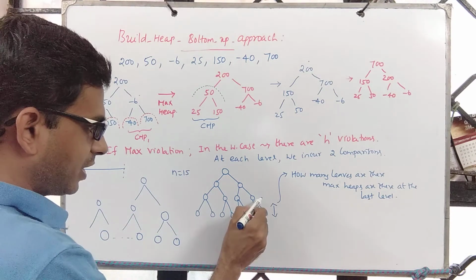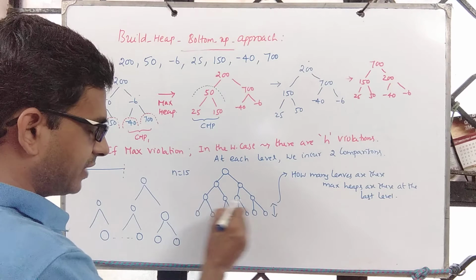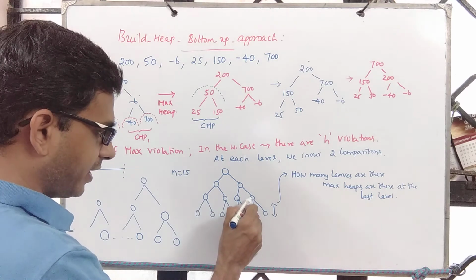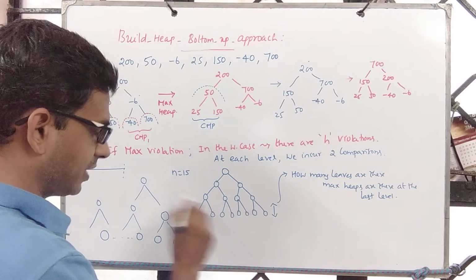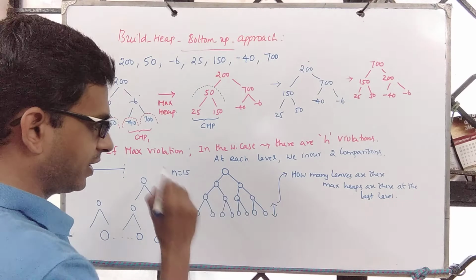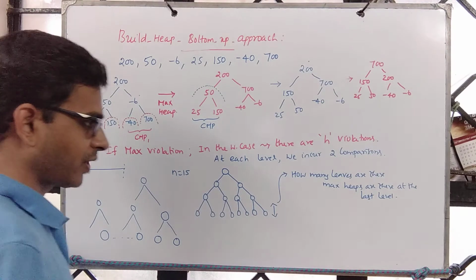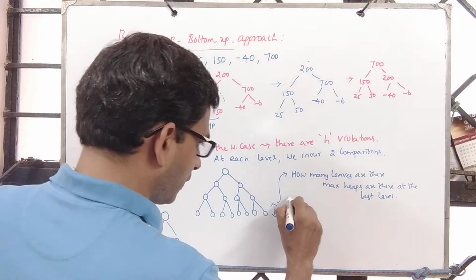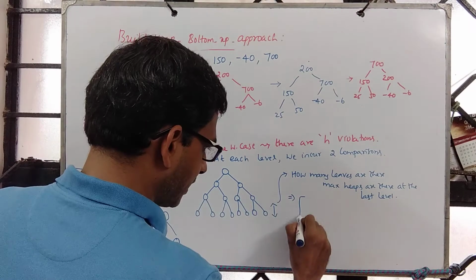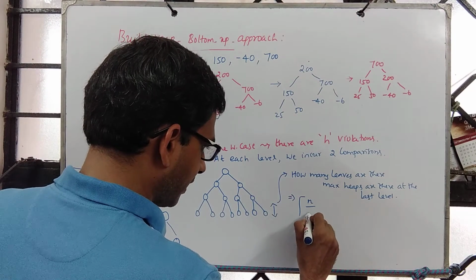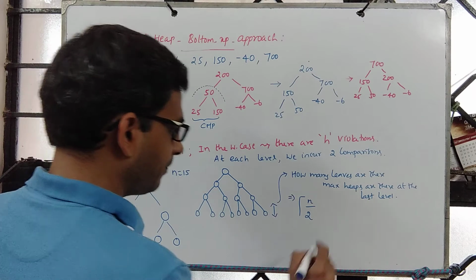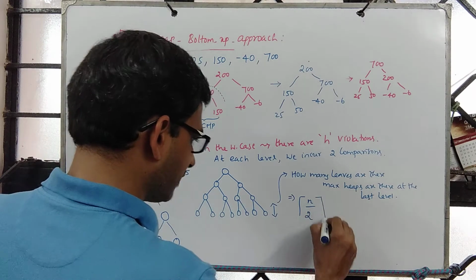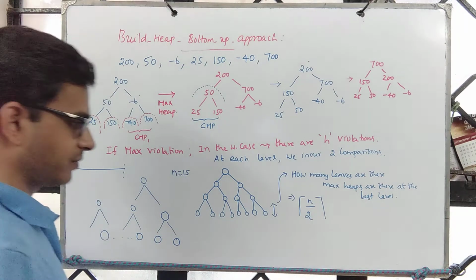Then we will ask how many nodes are there at this level, equivalently how many max heaps are there at this level, and so on. Please note how many are there. There are n by 2 power. Okay. As of now, let's just do this.